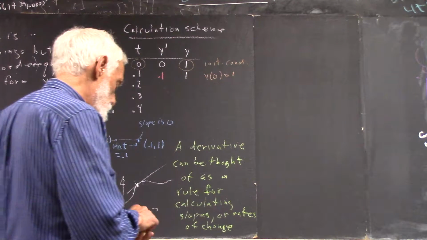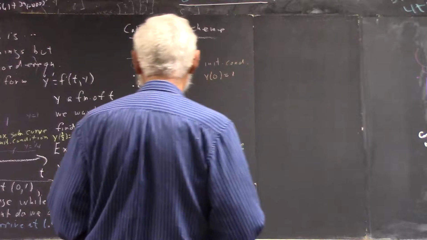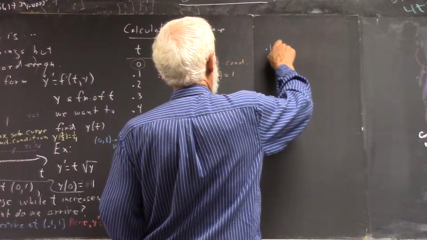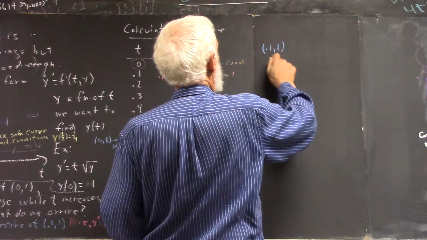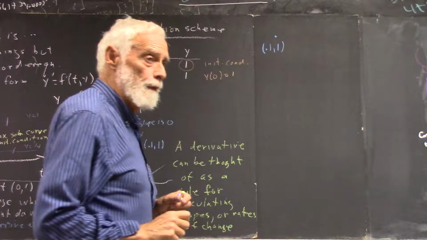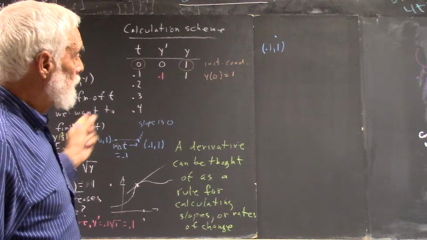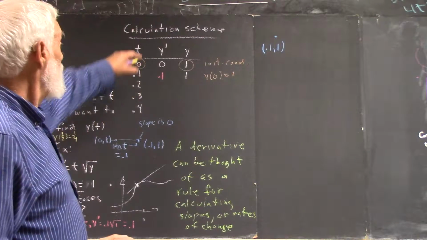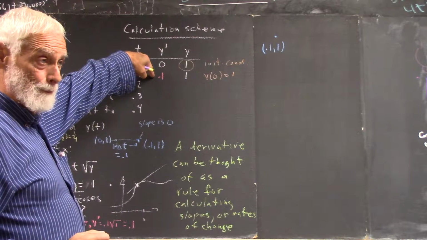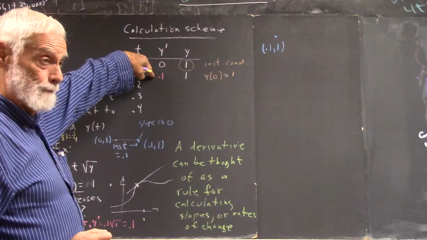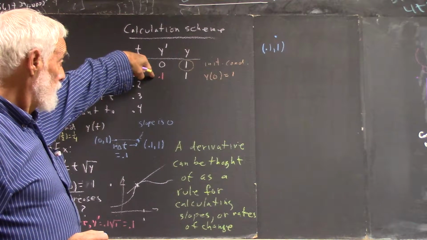Well, I'll come back to my blue color. Now we're at the point (0.1, 1). Let's indicate that point here. Now we're going to let t change while keeping y prime the same, using this slope.